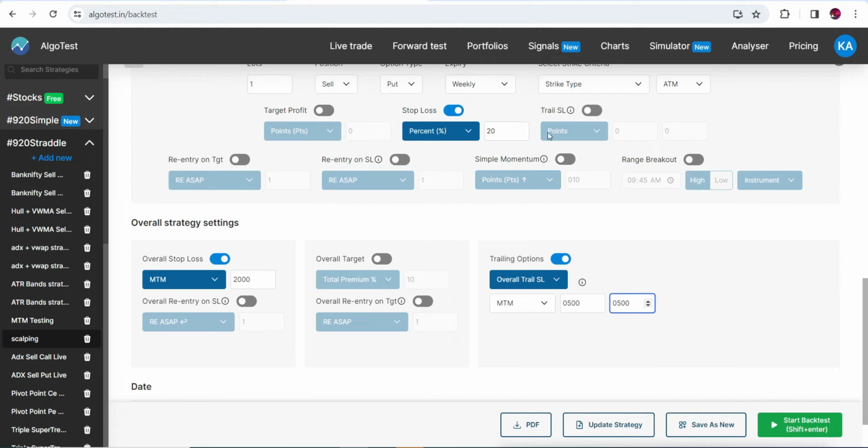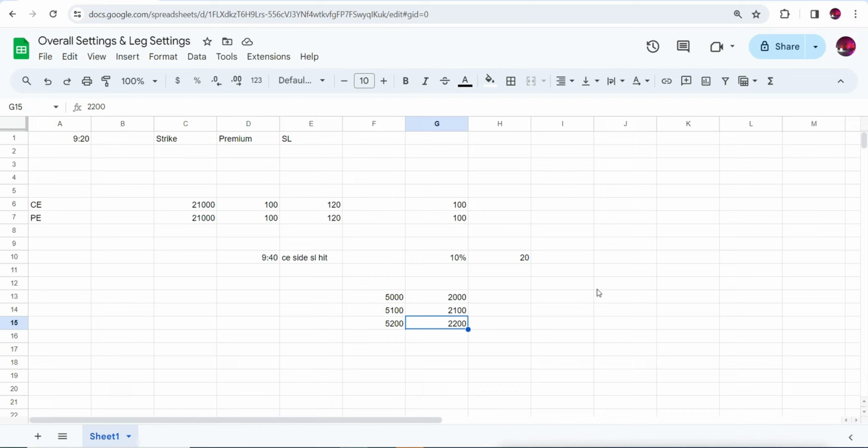Let me explain with a simple example. What is our overall stop loss? Let me enter our overall SL. Overall SL is 2,000 and our overall trail is what we have defined, 500, 500. Okay.